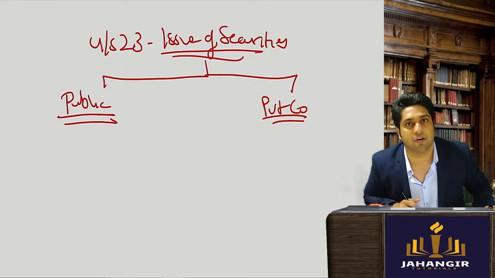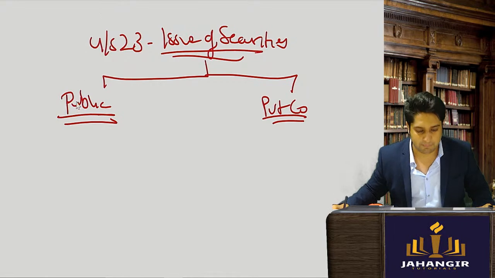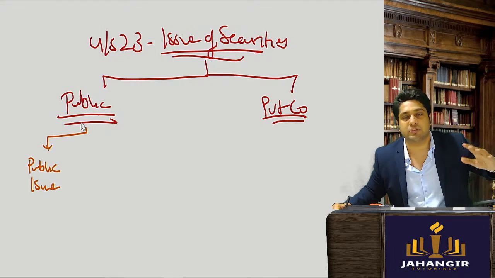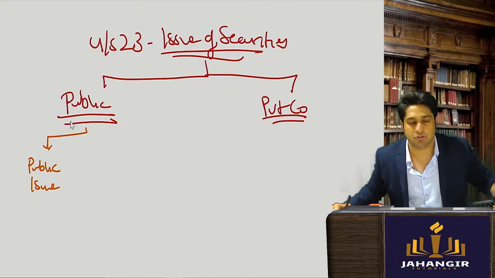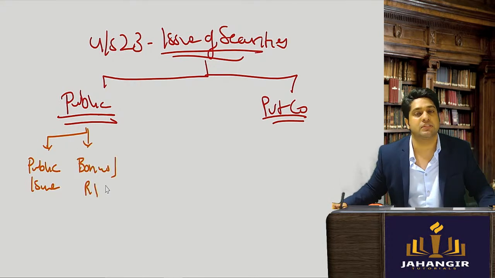securities. Is this clear? Now, a public company can obviously make a public issue. They can raise money from the public, issue securities, debentures, etc. to the public, and they can also issue bonus shares or right issues.